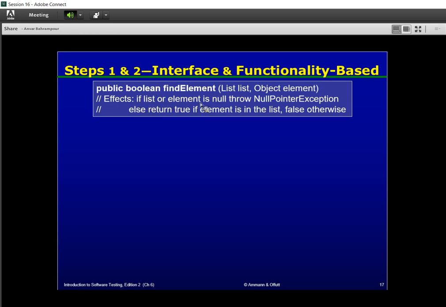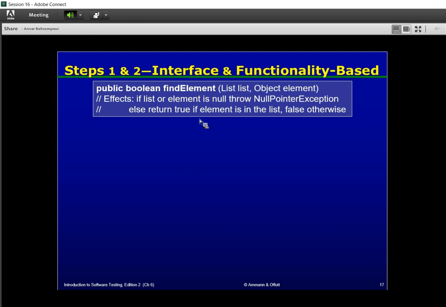If the list or element is null, it should throw a null pointer exception, as you have seen in previous chapters. Else it returns true if the element is in the list. If we have an occurrence of the element in the list, we should return true, but otherwise we should return false. This is a simple description for this simple method.